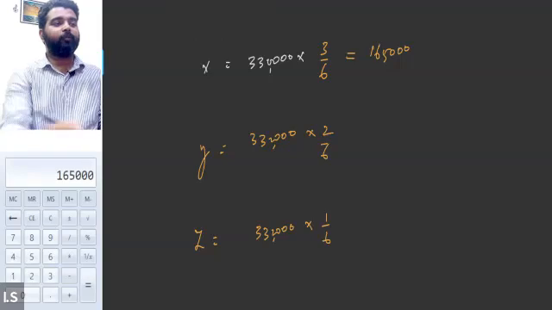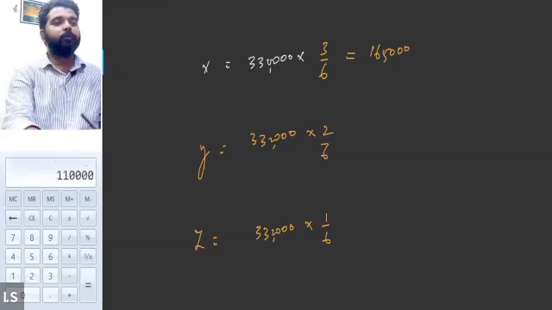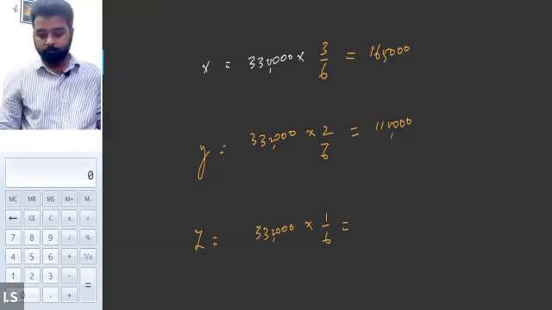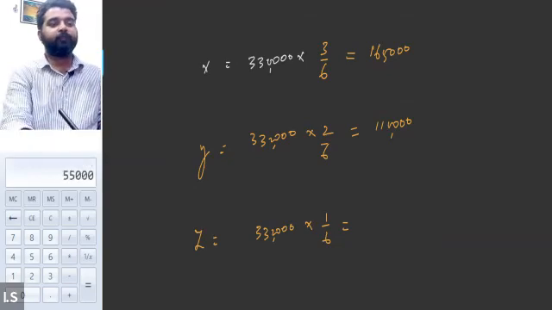Y should have got 3,30,000 divided by 6 multiplied by 2. So that means 1,10,000. And Z should have got 3,30,000 divided by 6, so 55,000.